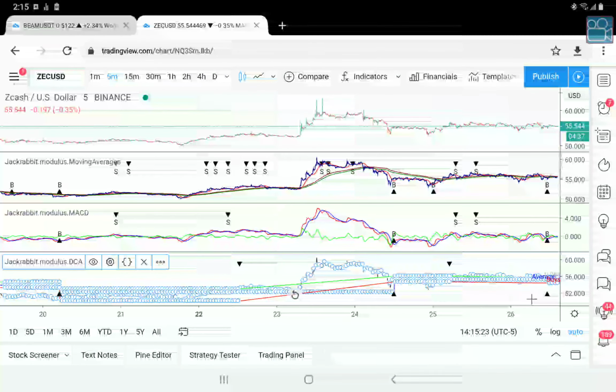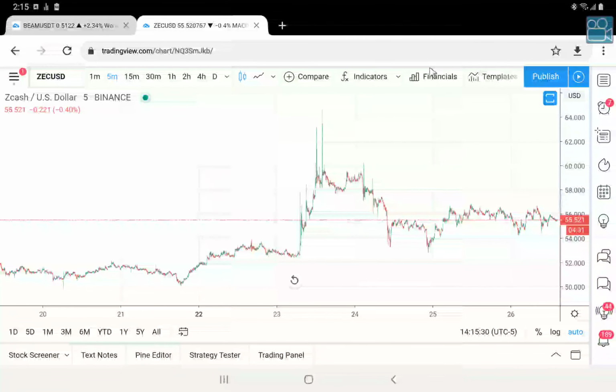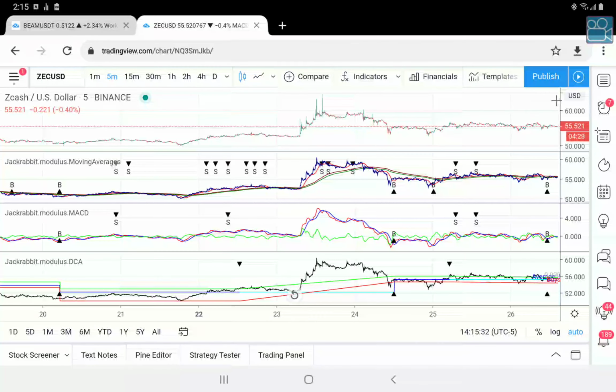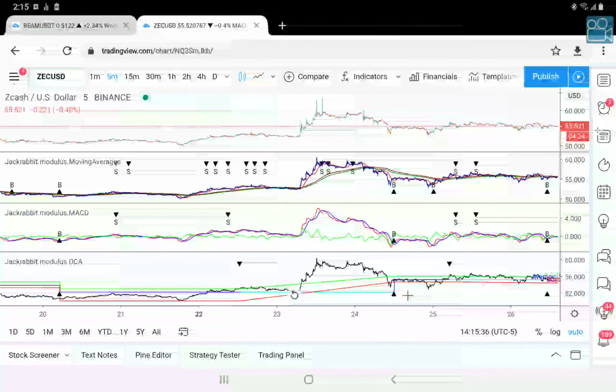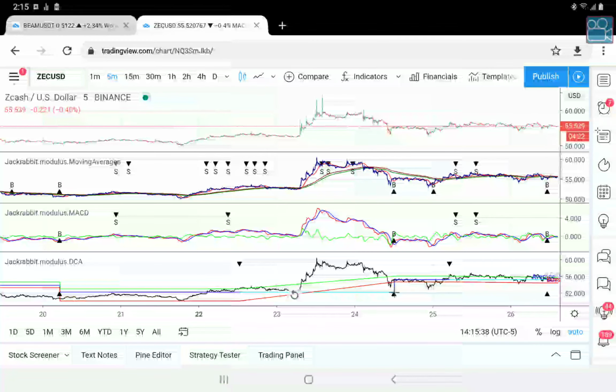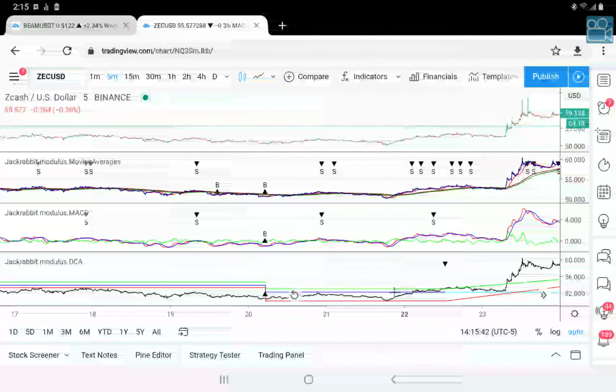You will not get as much profit, obviously, if you get out early. So that is something to be aware of. But at the same time, you may get more opportunities if you get out early. Things to think about.